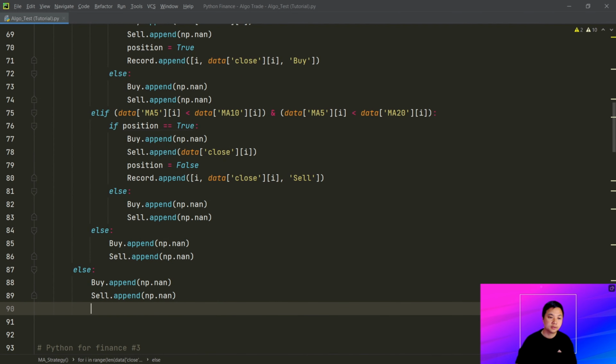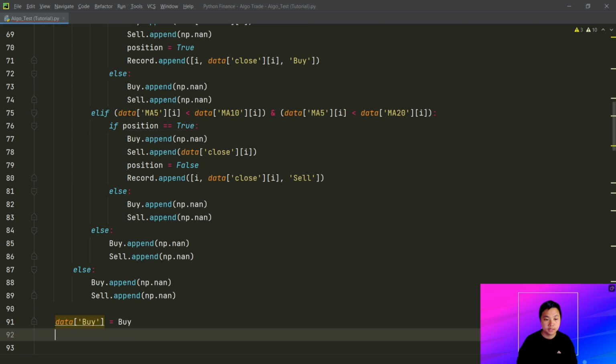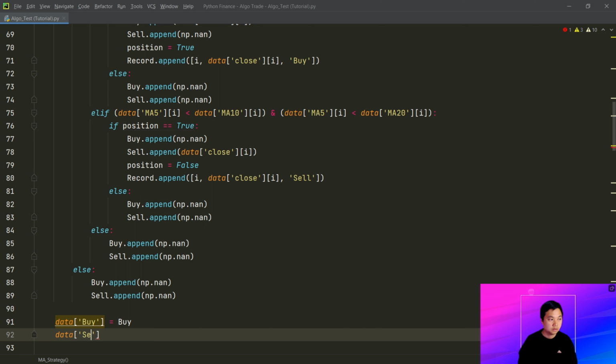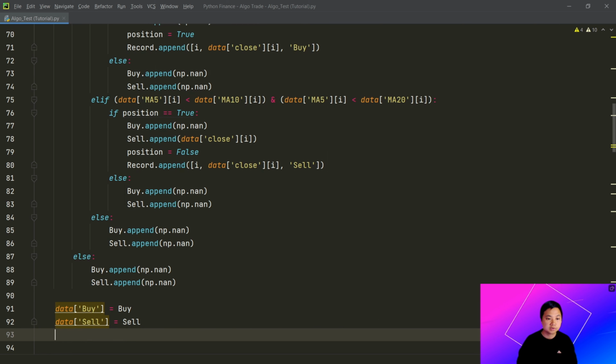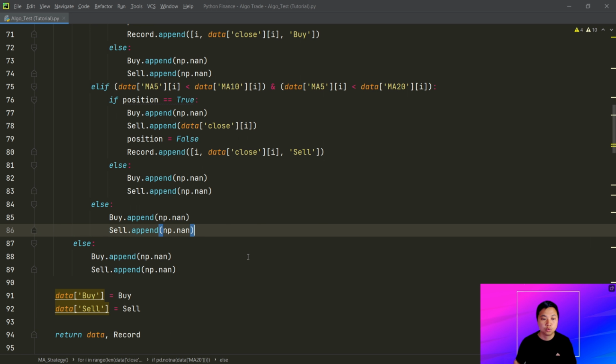Well, now we just set up the entire strategy. What I wanted to do is to put it back to the original data frame with the buy list and also the sell list, and then return this data frame and also the record that we have.